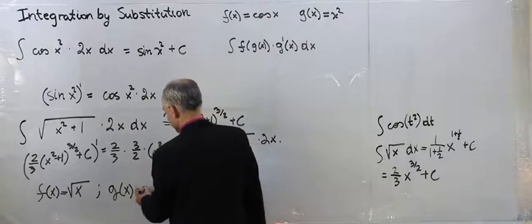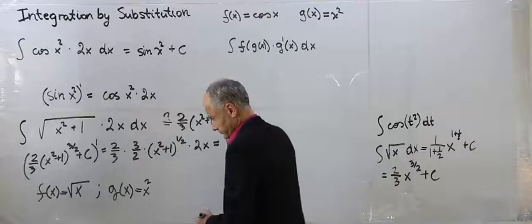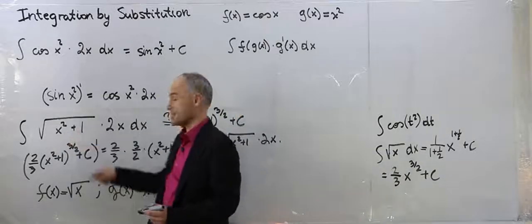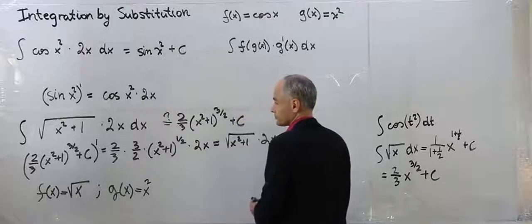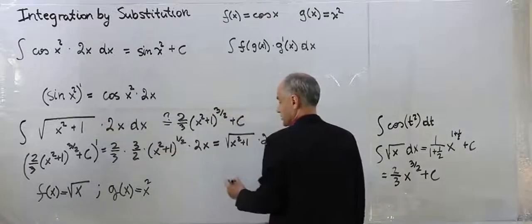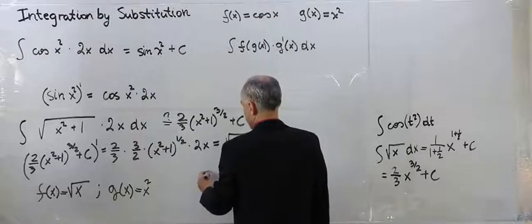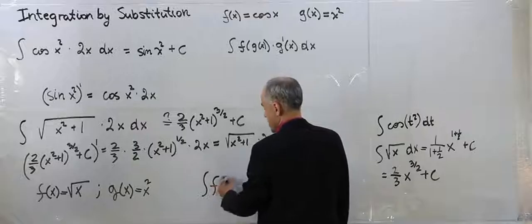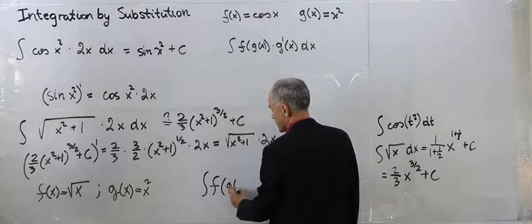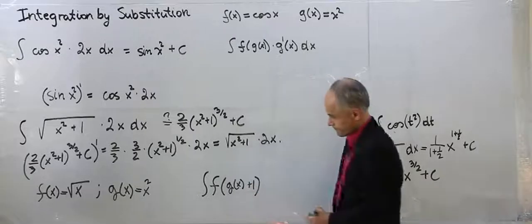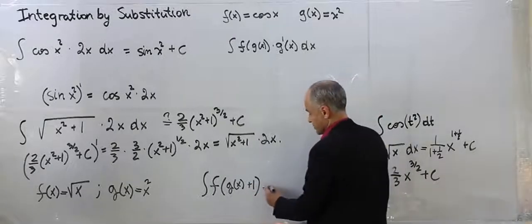Well, let's try that. Then what would be the square root of x squared plus 1? So this integral would be then the integral of f of g of x plus 1, then times g prime of x.